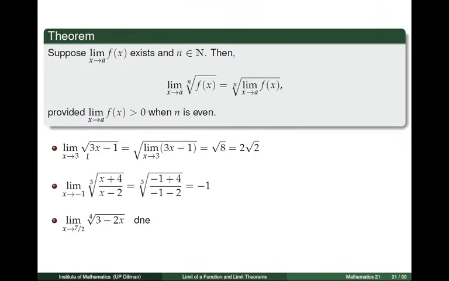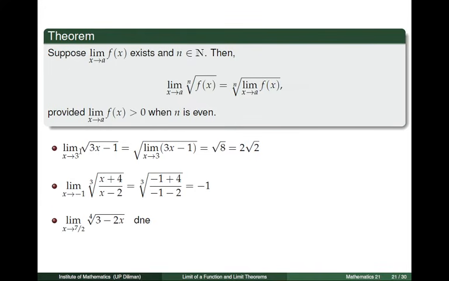Now, 3x minus 1 is a polynomial. So all we need to do is to plug in 3 for x to get the limit of 3x minus 1. And so we have 3 times 3 minus 1, which is 8. This is positive. So we can apply the above theorem.